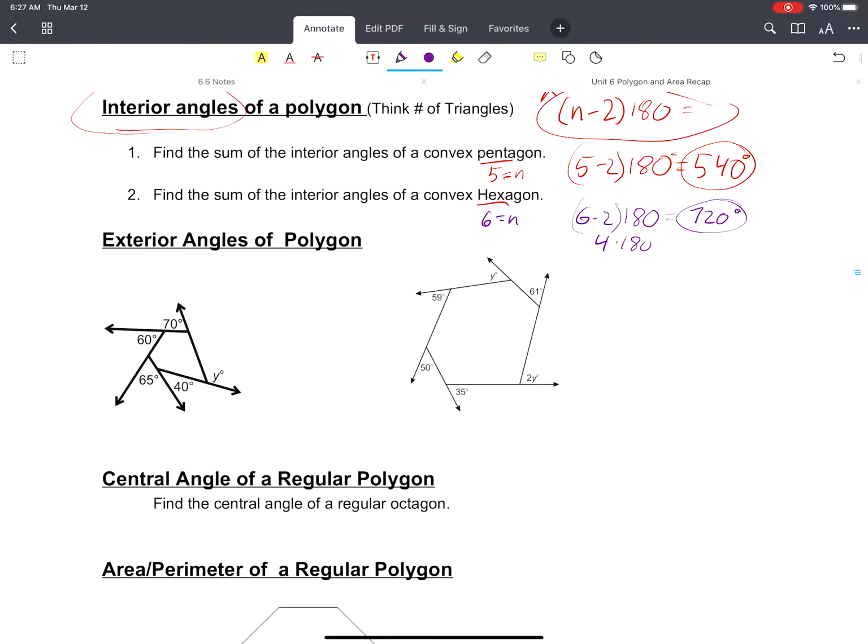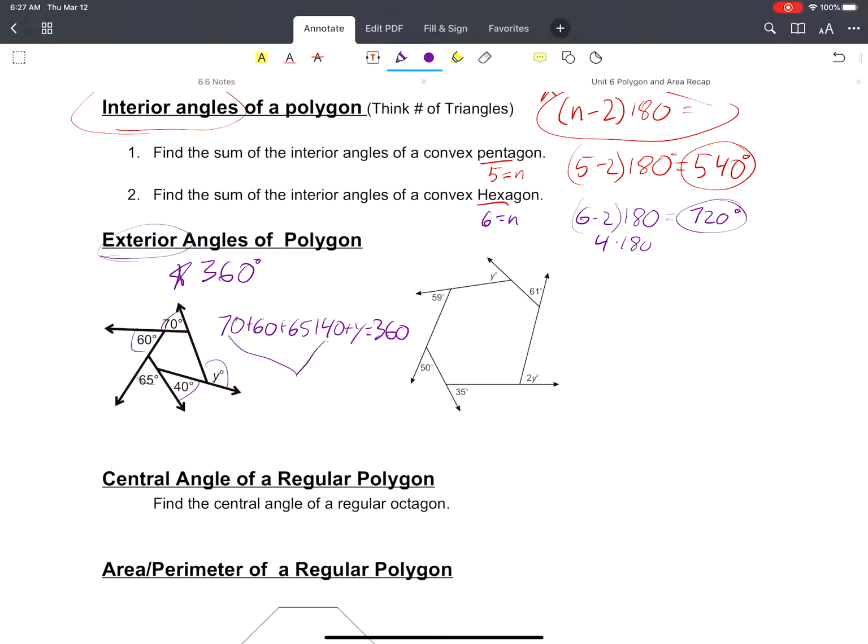Exterior angles, when we look at the exterior of a polygon, we're going around the outside. Exterior means outside, and it is always 360 degrees no matter how many sides that polygon has. So if I look at the exterior angles of this example here, I would just add all of these up and set them equal to 360. So 70 plus 60 plus 65 plus 40 plus y equals 360.